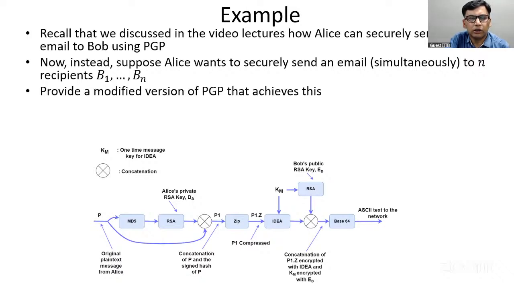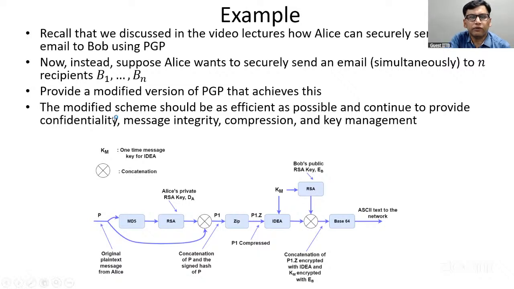Obviously we require the modified scheme to be as efficient as possible, and it should still provide the properties that the basic PGP provides, namely confidentiality, message integrity, compression, and key management.